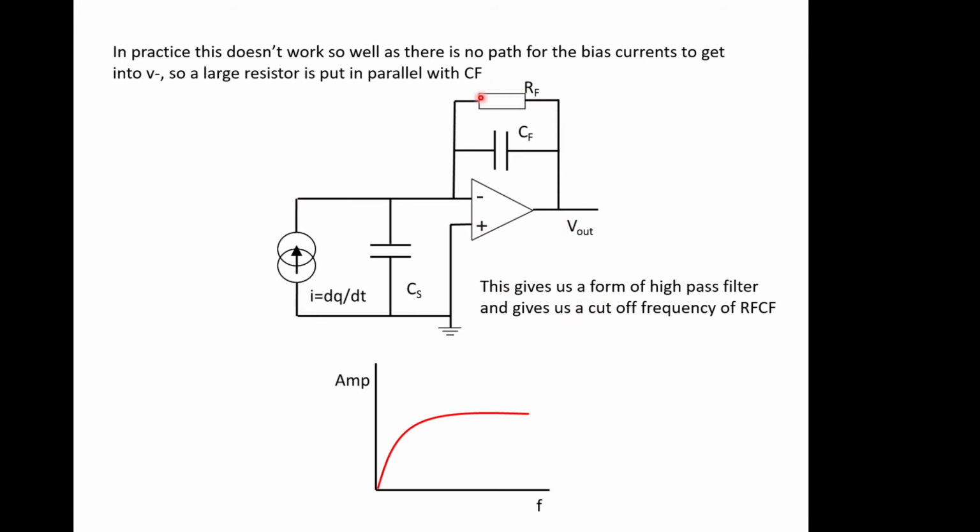So we need to have a resistor here, and that introduces this low frequency response, and gives us a cutoff frequency of RF CF. So this combination dictates the cutoff frequency at this point. If we want this frequency response to extend downwards, we need to make RF CF the values accordingly, which tends to mean making RF very, very big.